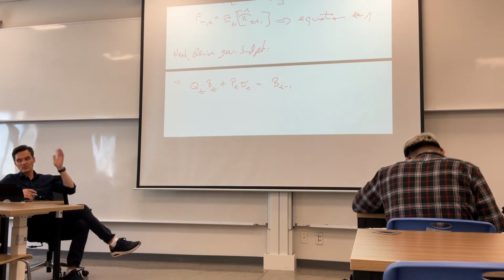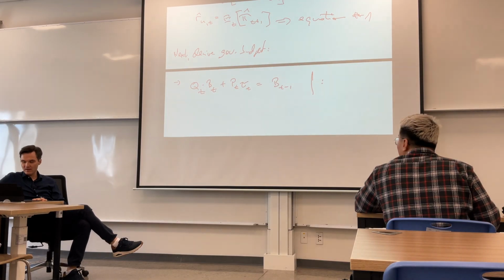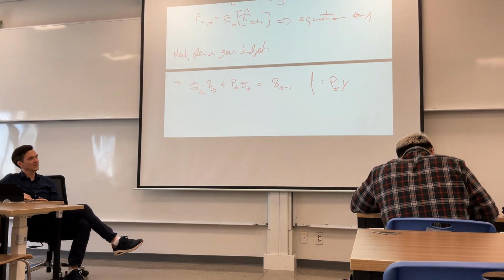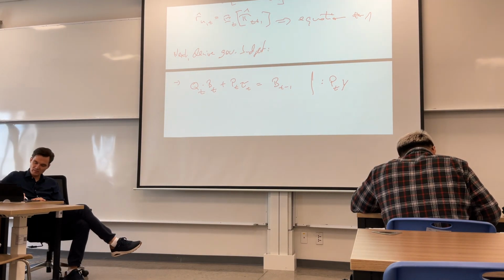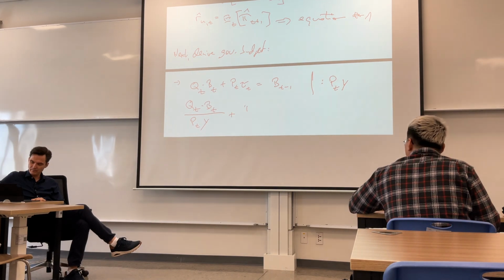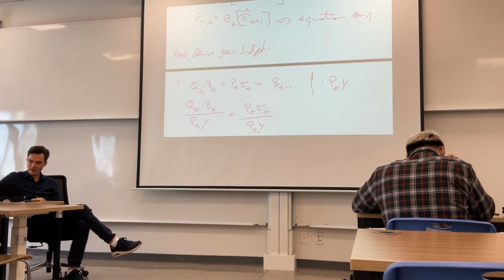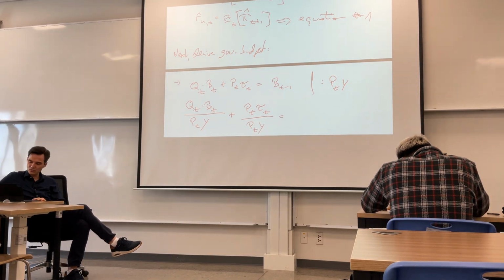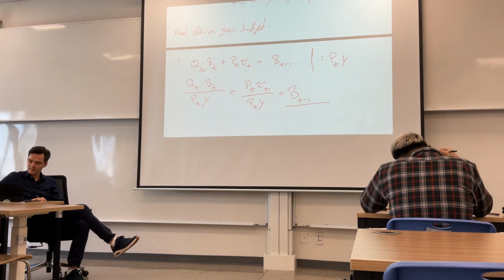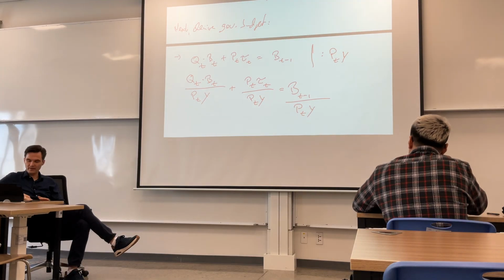So the first job that we need to do is divide this equation by P_t times y, both sides, on the left and on the right hand side. That's going to be Q_t times B_t divided by P_t times y, plus P_t times tau_t divided by P_t times y, is equal to B_{t-1} divided by P_t times y.